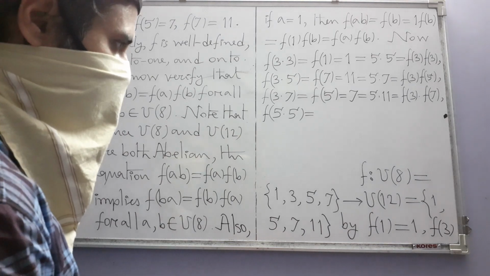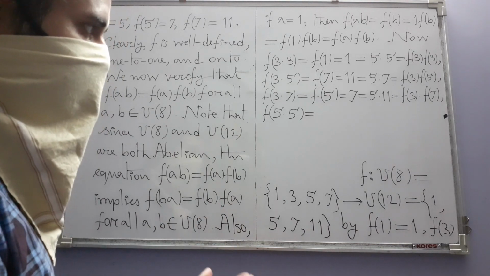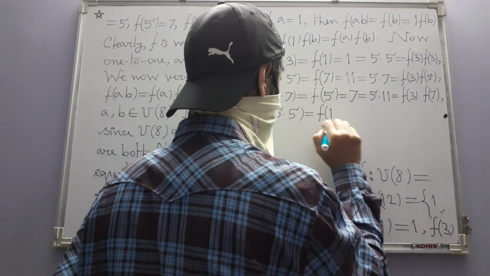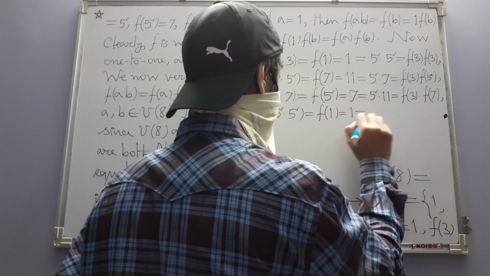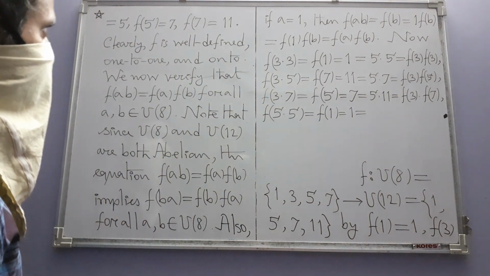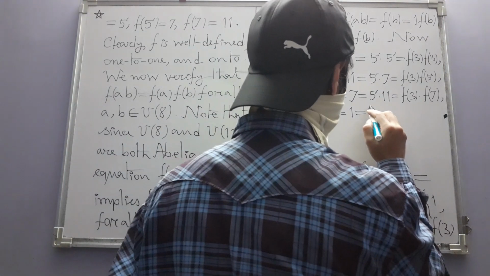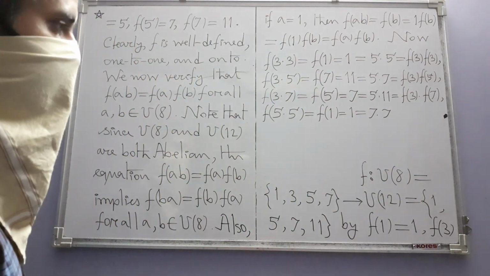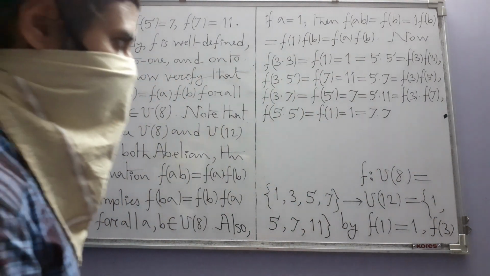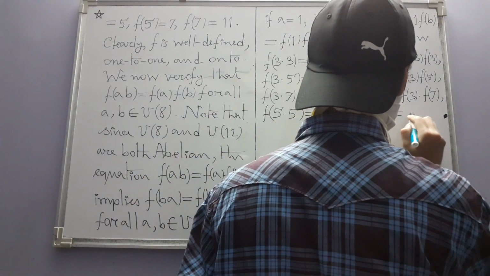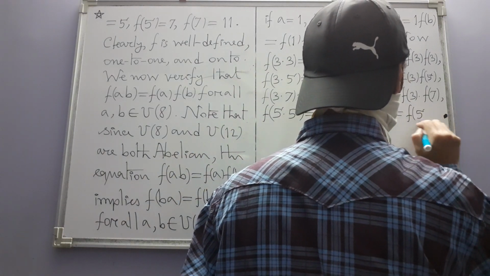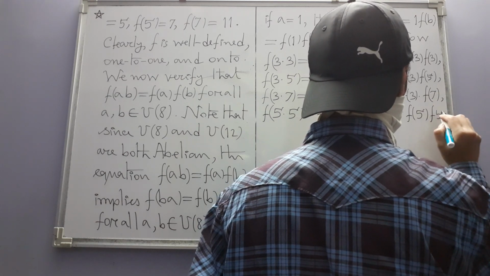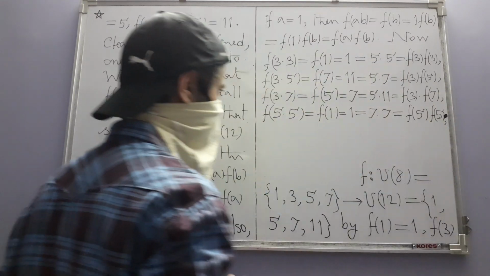That is because it's 25, and 25 is 3 times 8 plus 1. f of 5 is 7, and in U12, 7 times 7 is 49, which modulo 12 will also be 1. So this is nothing but f of 5 times f of 5.